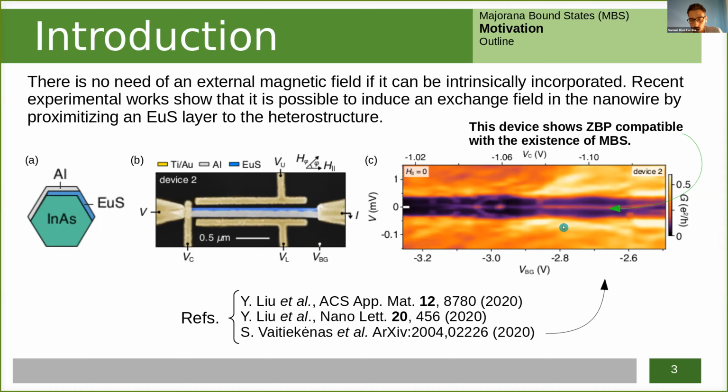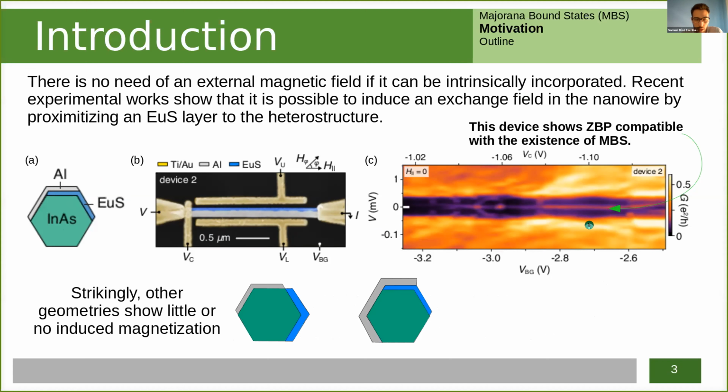In this picture they show the conductance versus the backgate voltage through this nanowire, and they show that there is a zero bias peak which is compatible with the existence of Majorana bound states. Strikingly, they also show that there are other geometries which show no induced magnetization.